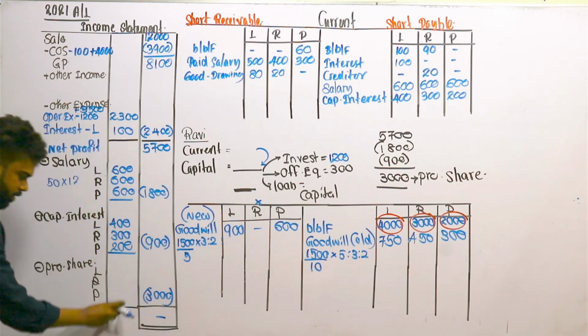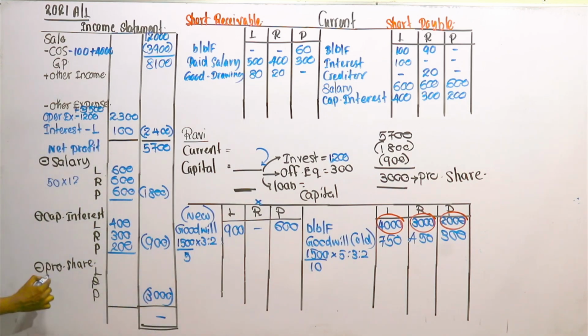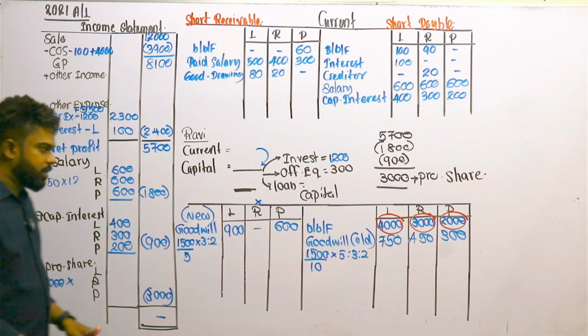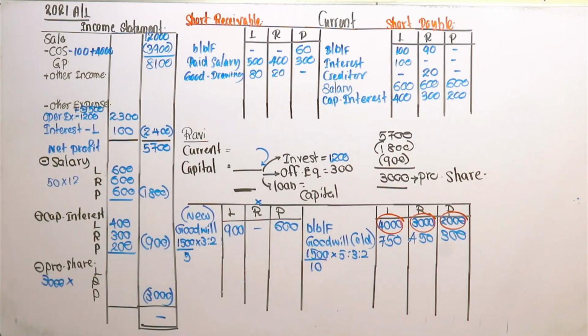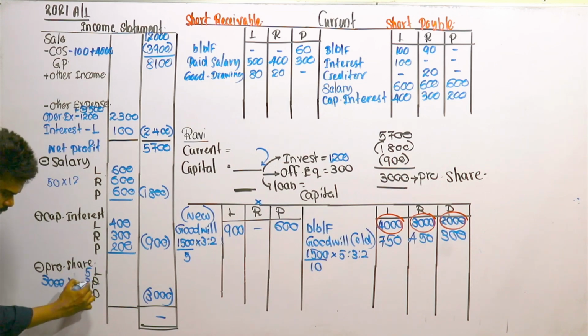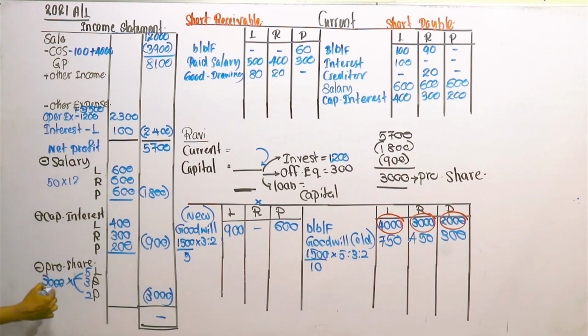Now calculate among the three partners. 3,000. The three partners, then one retired at the end of the period. Therefore, you have to use the old ratio. Old ratio was 5, 3, 2. Therefore, total how much? 10. Divide by 10, multiply by 3, 5, and 2. Tell me.